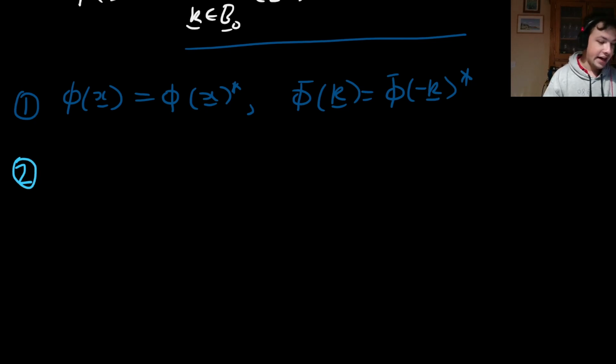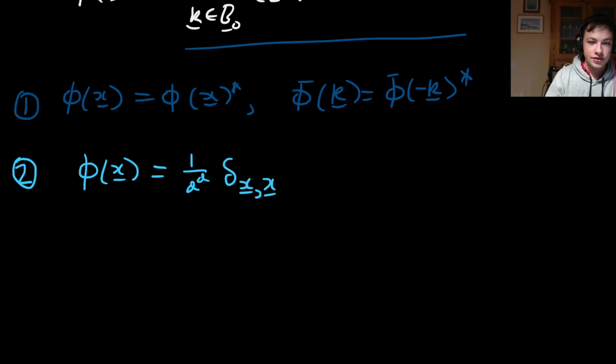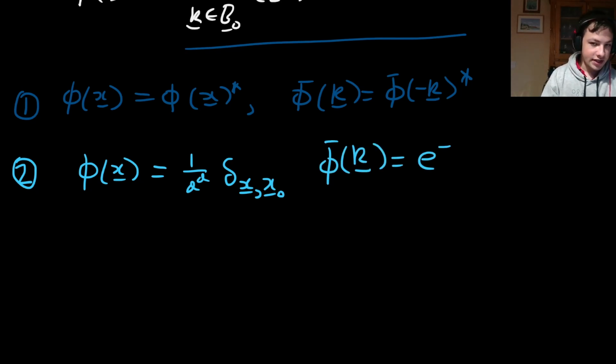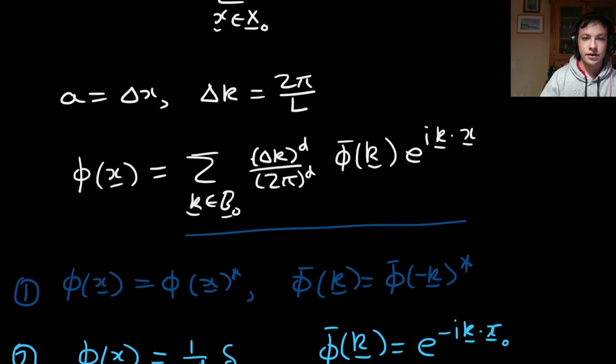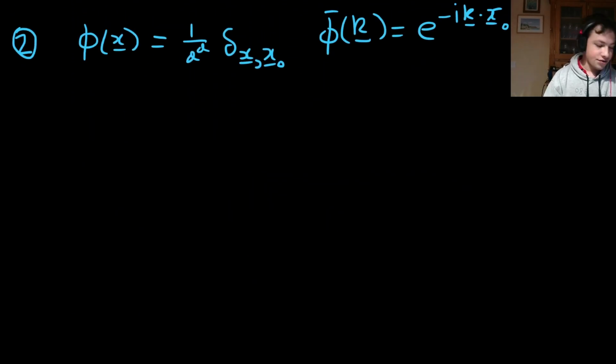Observation 2. If phi of x is just a scaled delta function, so 1 over a to the d, delta x with x naught for some vector x naught, then phi bar of k is just e to the minus i k dot x naught, just by plugging it into our formula for phi bar of k. And we can then get phi of x back.